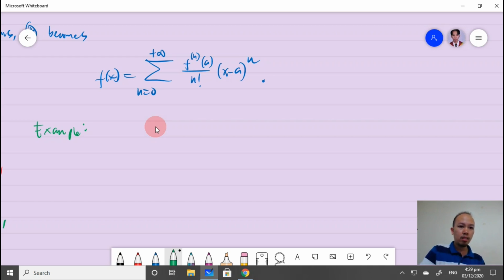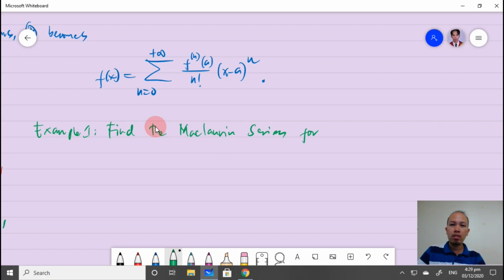Example number 1. Find the Maclaurin series for e to the x.